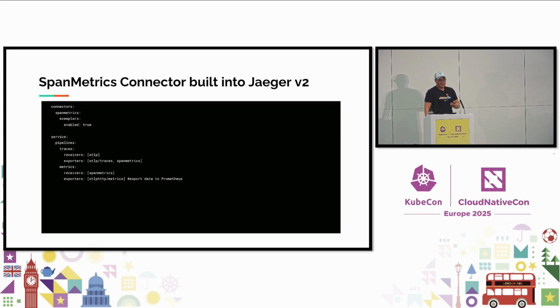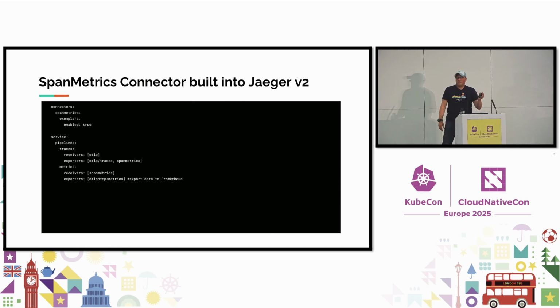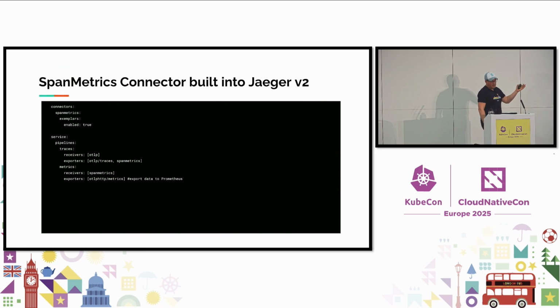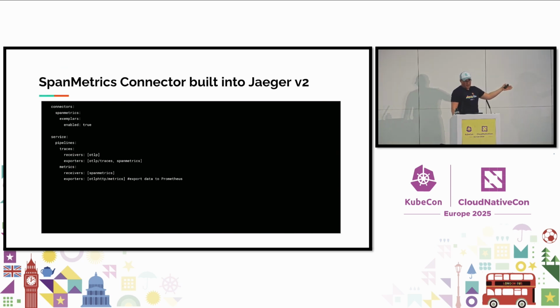It's automatically derived. The way that it works in OTel or in Jaeger version 2, which I'll talk about in a moment, is this example. You can see in the trace pipeline, we are calling span metrics as an exporter. So you're taking the traces, sending them to a metrics pipeline, which is then deriving those metrics and sending them out.